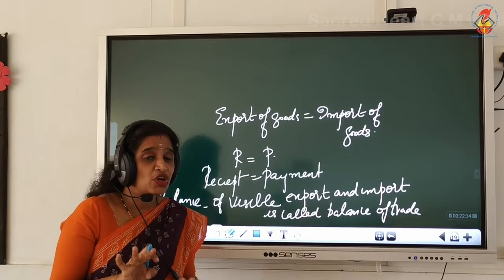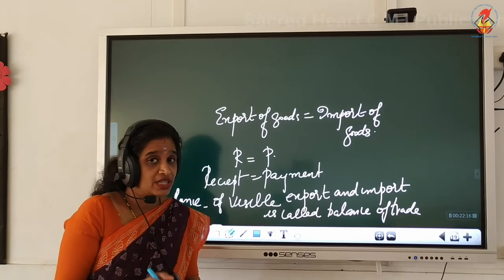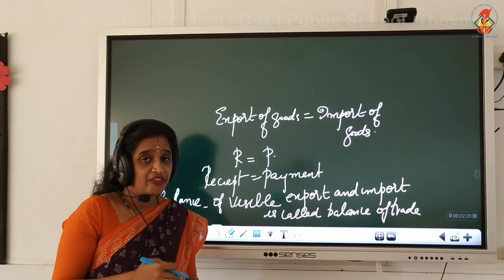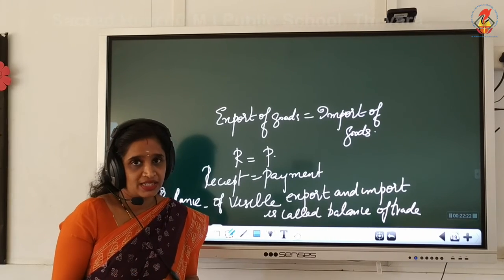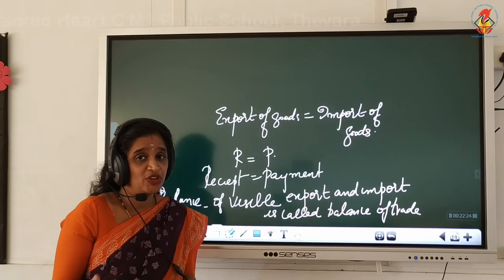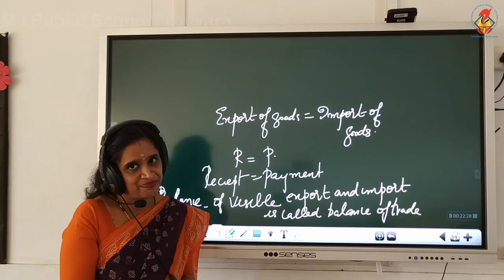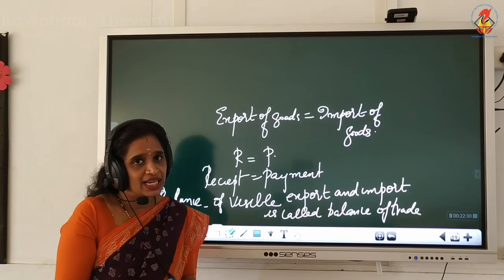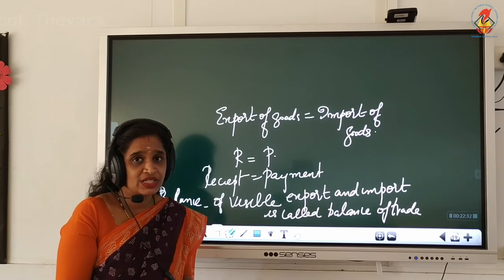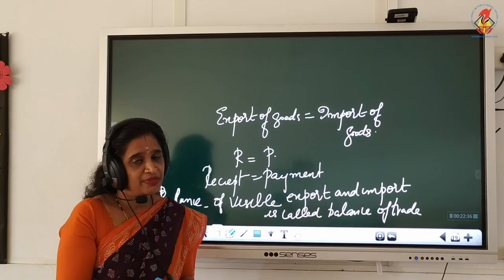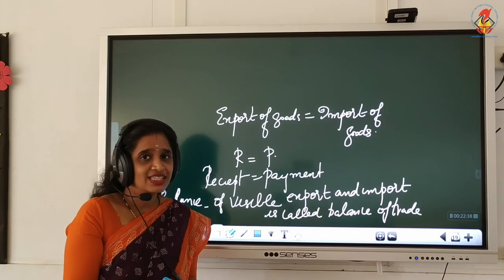That means the first component of the current account is balanced here, if both are the same. If both are not the same, there is an imbalance. We have to balance it because it is based on the double entry book system. So if these two are balanced, we can call it balance of trade or trade balance. So the first item in the current account is balanced.